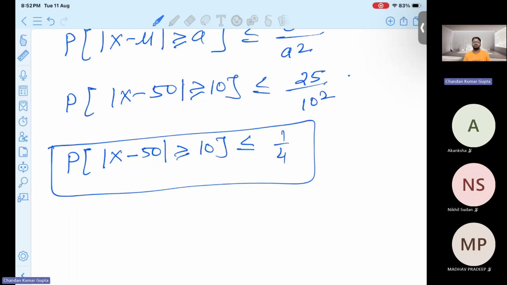The maximum probability is 25%. So that means 75% of the time, when we toss a coin 100 times, the number of heads will lie within 40 to 60. This is also one of the conditions. So you need to always try to interpret, or at least understand, the physical meaning of the probability.